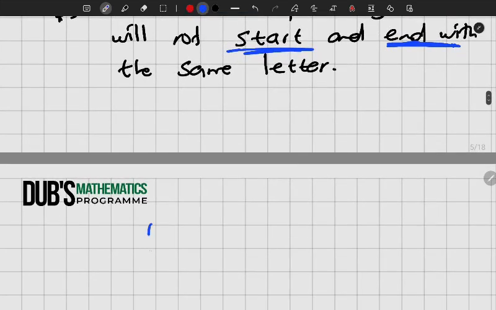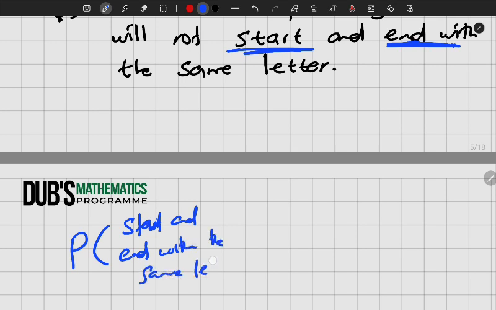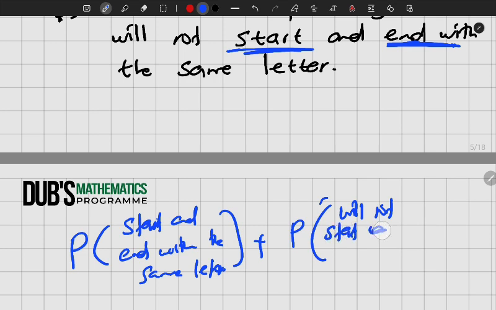Because the probability that it will start and end with the same letter plus the probability that it will not start and end with the same letter is equal to 1.